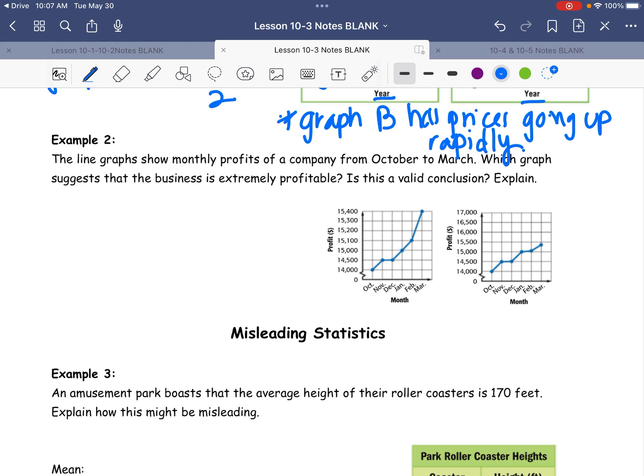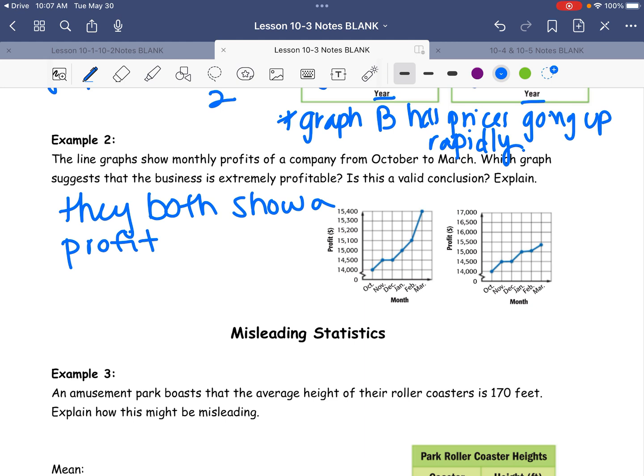For the second graph, our profits go up by 500 as well, and our months are the same. So they both show a profit.